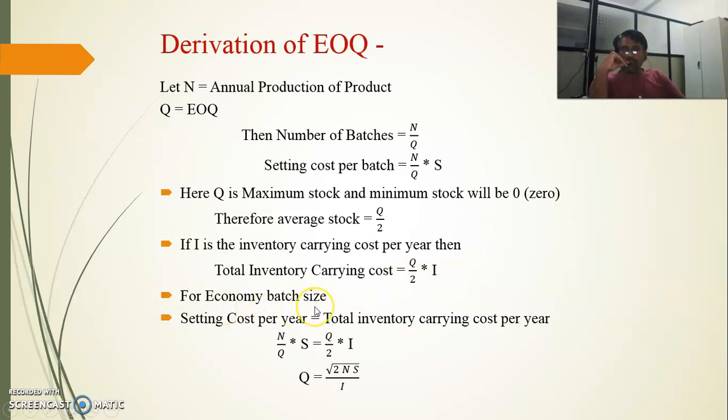Now for an economy batch, we should understand when we call it economical, when it will be beneficial. So when the setting cost per batch, because this is again a cost the company is required to put on every batch, so when this cost of setting becomes equal to the total inventory carrying cost per year, at this point we can say that the batch will be economical.